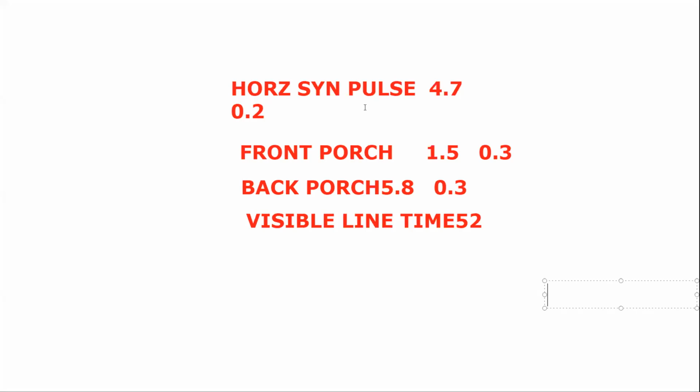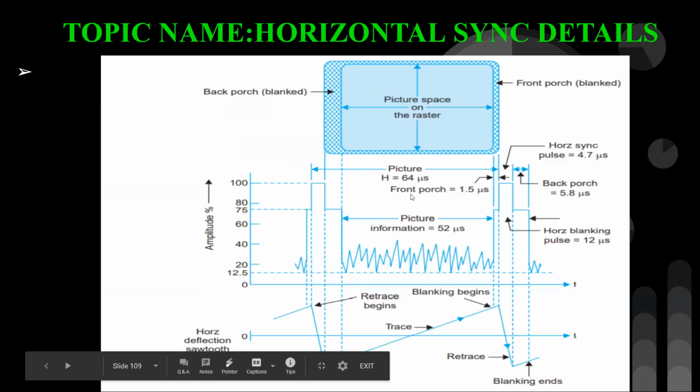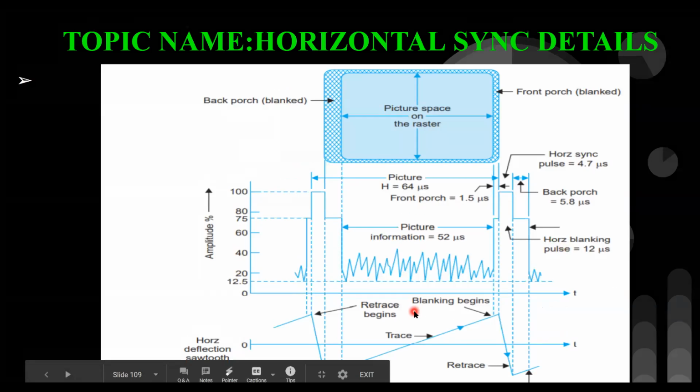So the synchronization circuits at the receiver are isolated from the influence of the end-of-line picture details. The most demand is made on video circuits when peak white occurs at the end of the particular line. So it is the end of the particular line, and here we have the picture information.